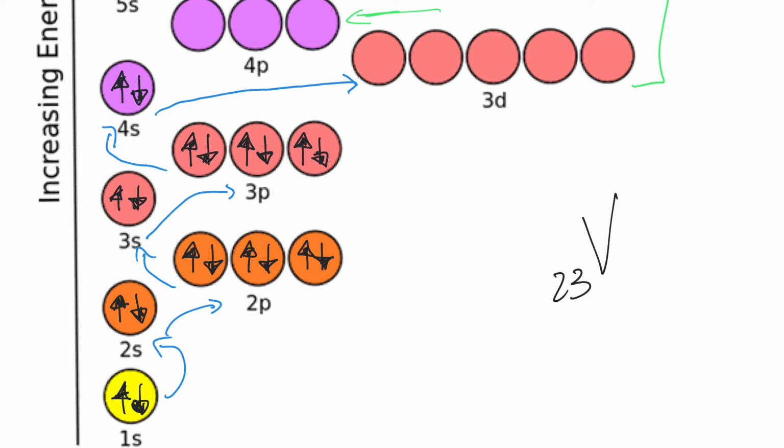Remember, the first rule is that electrons fill orbitals according to energy, how much energy it has to use within those specific shells, subshells, and orbitals. Now that we're at 3d, I only have 3 electrons left. 1, 2, 3. That's how this works for your 3d subshell, so everything needs to go in this order.